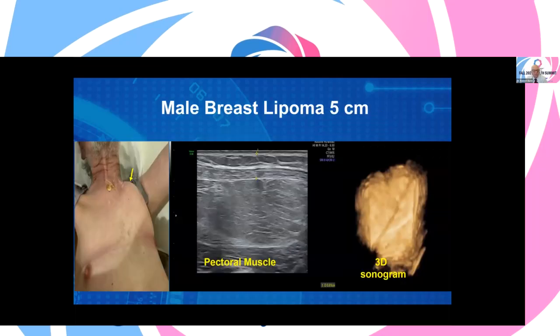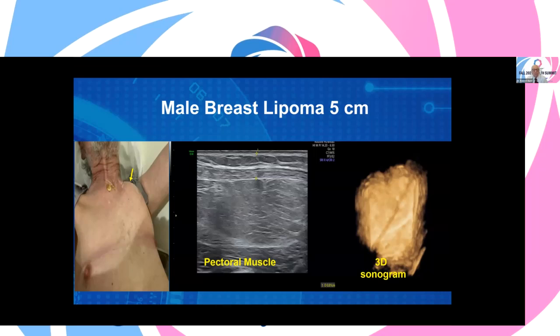So here's an example of image-guided treatment. We see it on the left side, the arm is up, and while it looks like a secondary breast tissue, it's not. This is a massive 5 centimeter benign tumor.